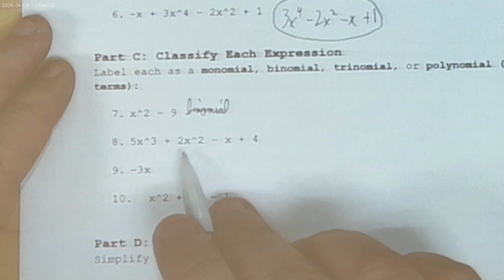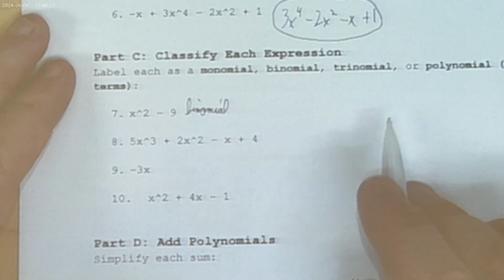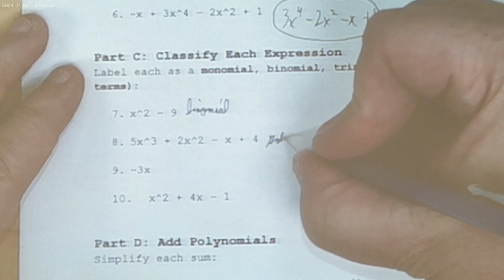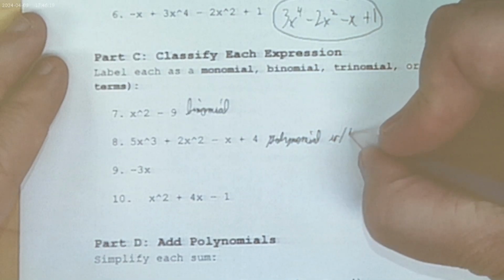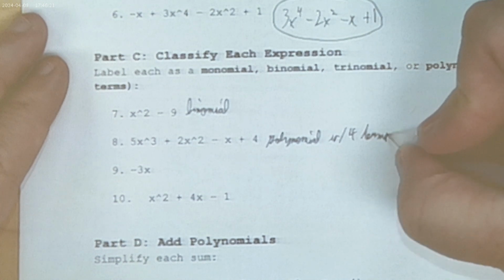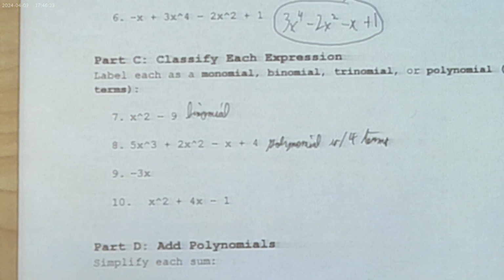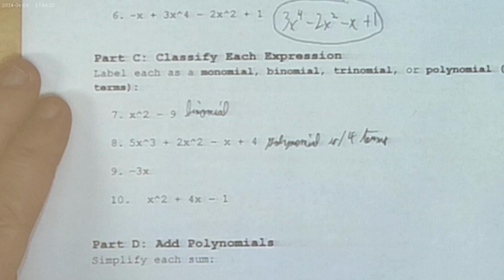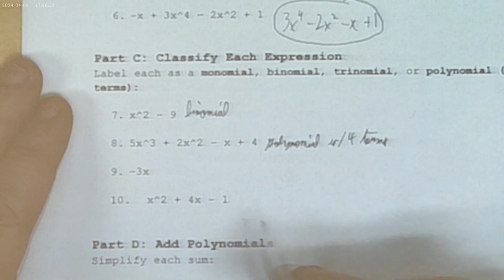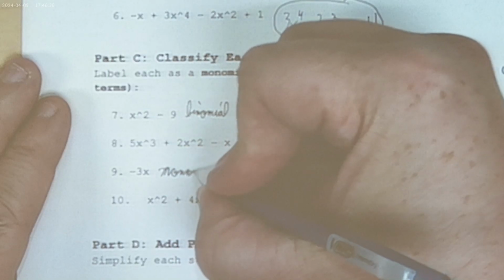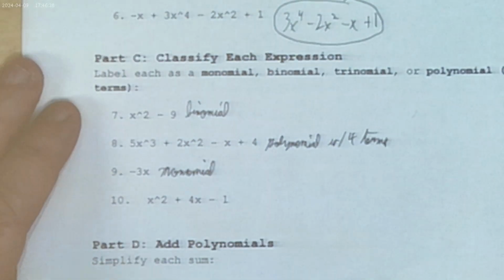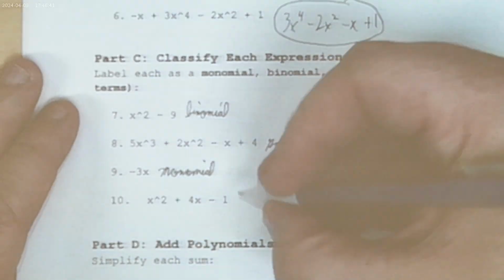This one has 1, 2, 3, 4 terms, so it is going to be a polynomial with 4 terms. Remember, if you're going to label anything as a polynomial, you have to list how many terms it has attached to it. Let's see. Next one is going to be a monomial. And the last one, 1, 2, 3, trinomial.